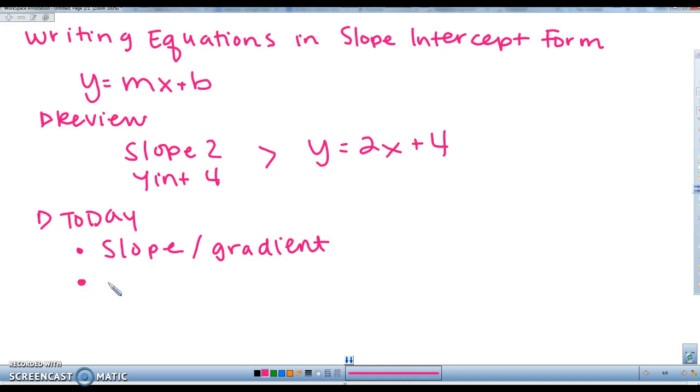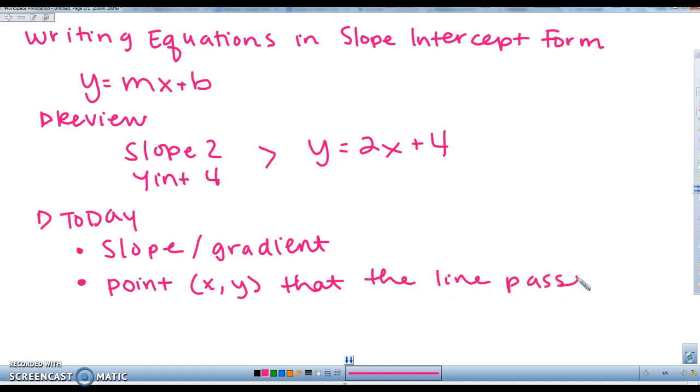And then maybe they don't give me the y-intercept, but they give me some point, x, y, that the line passes through. And it always passes through the y-intercept, so that's one point it passes through. For this one, it would have been (0, 4). So if they'd given us 2 and (0, 4), we could have come up with this equation.